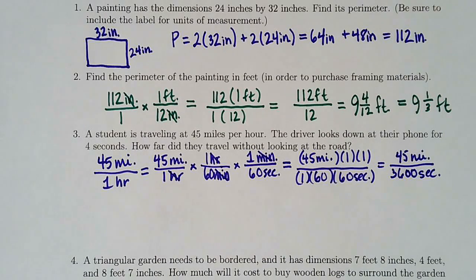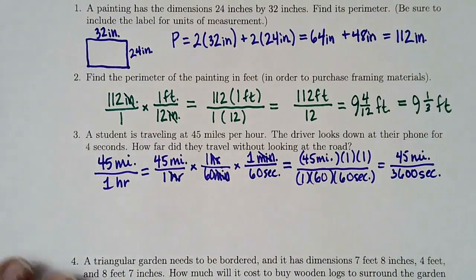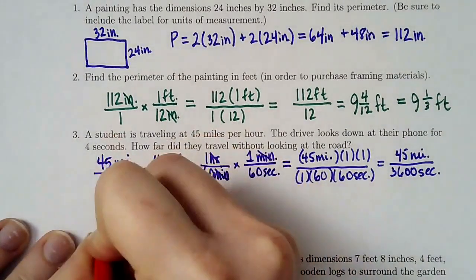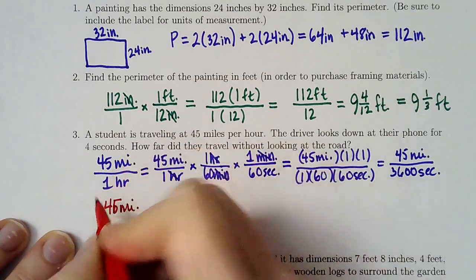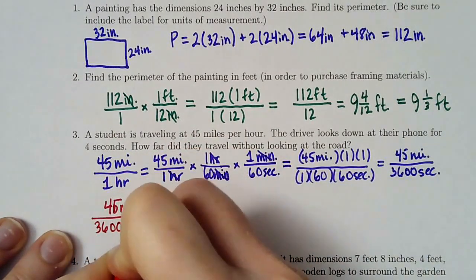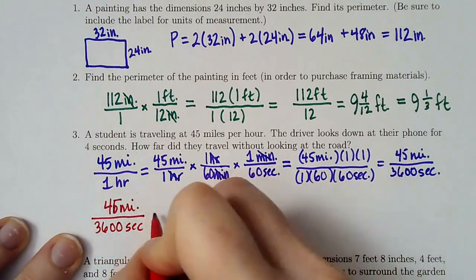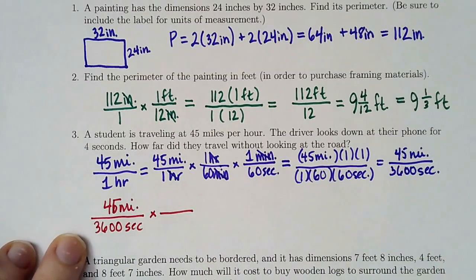Let's also go ahead and convert that into feet, because feet seems more appropriate for seconds as well. So I'm going to do a second layer in this problem. Let's go. So 45 miles in 3,600 seconds. And let's convert that into feet.